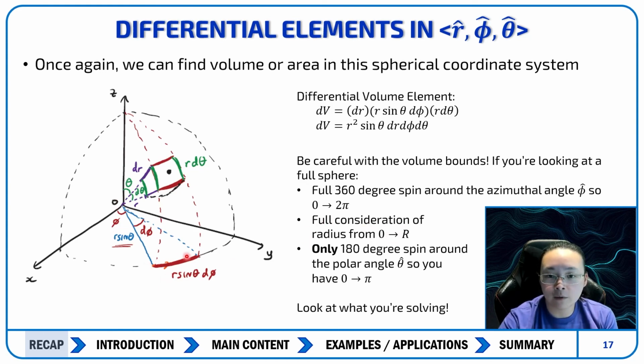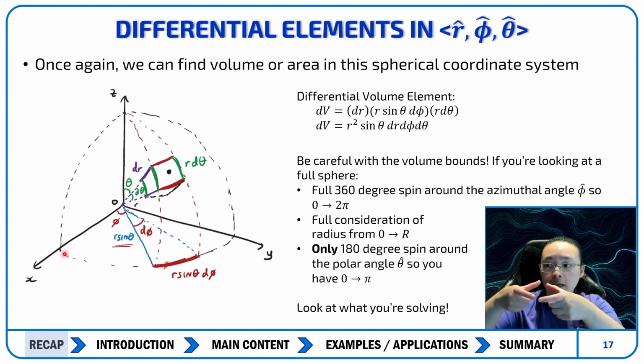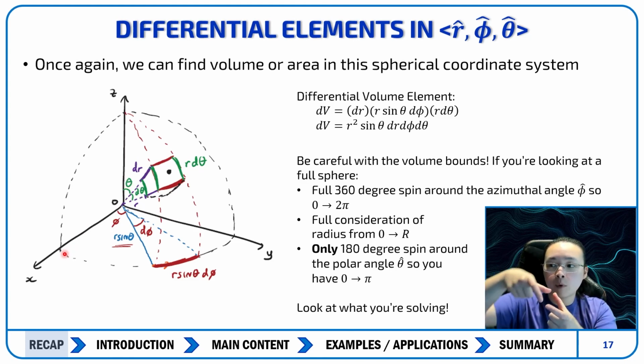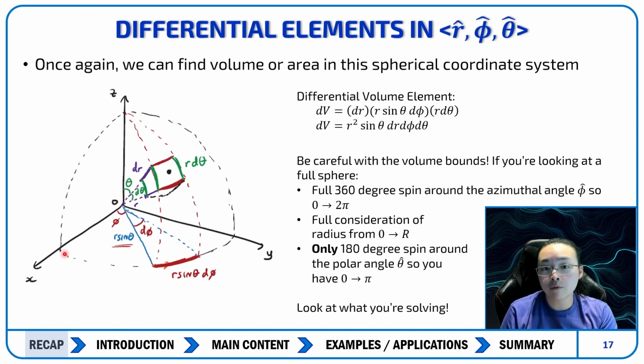Now, when we're taking a look at the azimuthal angle, we know that we're going to spin phi around from 0 to 360 degrees. And that's going to create a full circle. So that's going to go from 0 to 2 pi. Now, what about this polar angle, the inclination angle, theta? If I have a full circle and I spin it around 180 degrees, then I've already created a full solid sphere.